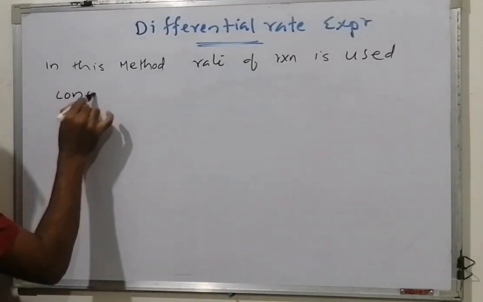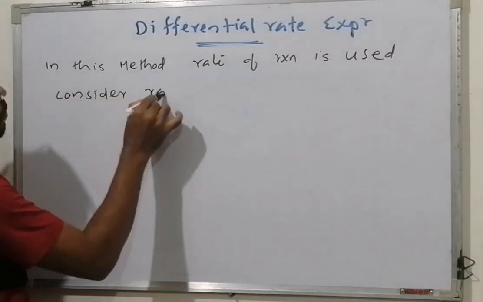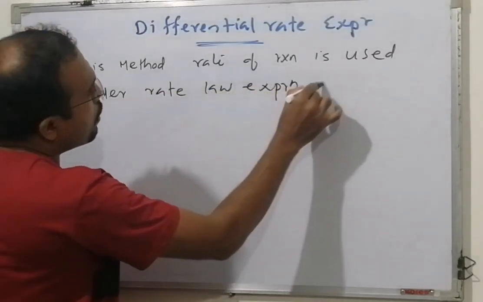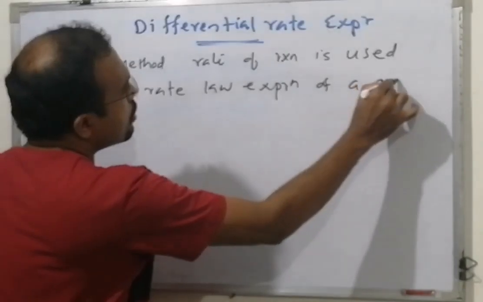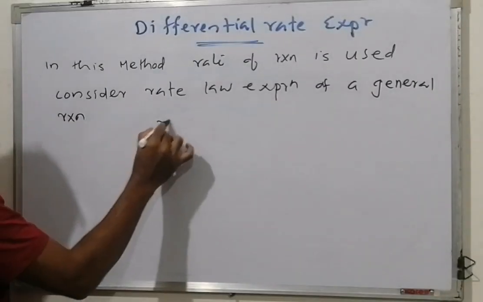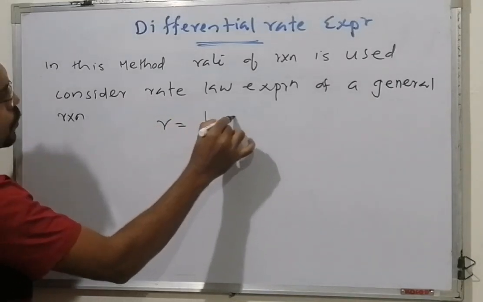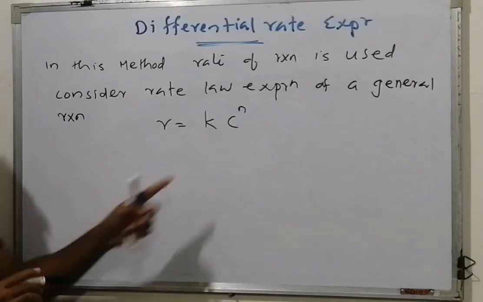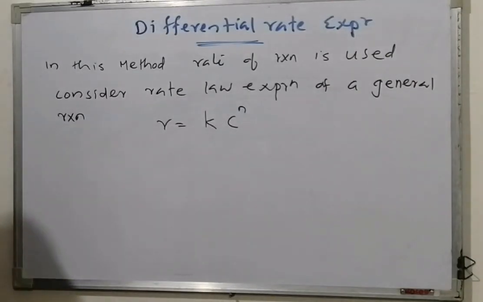Consider the rate law expression of a general reaction. That is, R is equal to K into concentration raised to n. K is the rate constant, C is the concentration of the reactant, n is the order of the reaction.